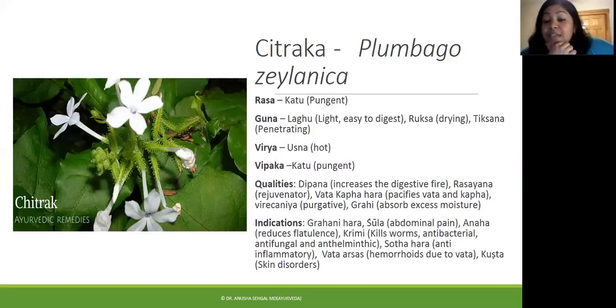Shothahara, which means it's anti-inflammatory. So we have some amazing combinations that are great anti-inflammatory herbs and herbal drugs, okay? And this is one of those ingredients. So for instance, if we have a combination of herbs, like a polyherbal formula, and you have chitraka in there, you know that it can exhibit anti-inflammatory properties as well because of the inclusion of chitraka, okay?